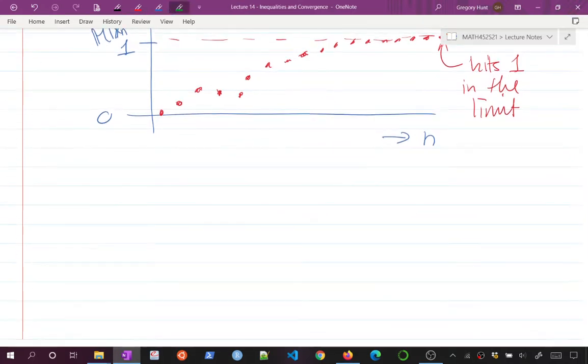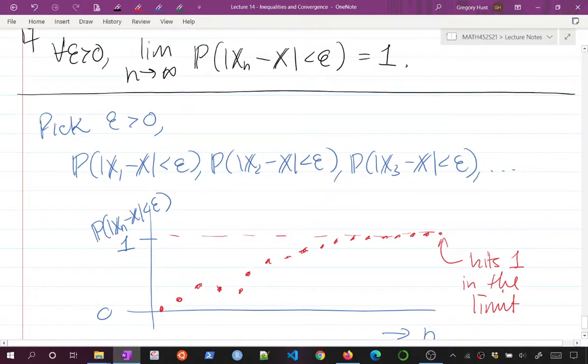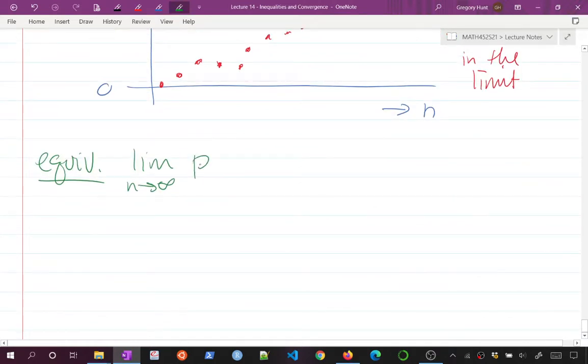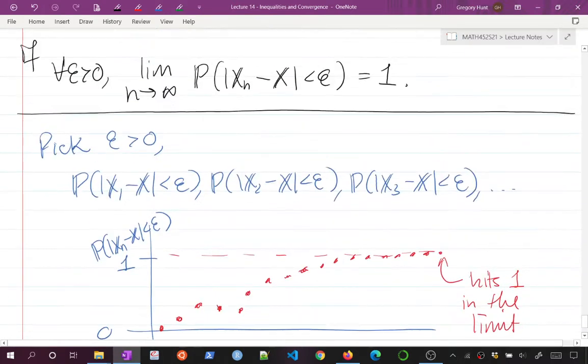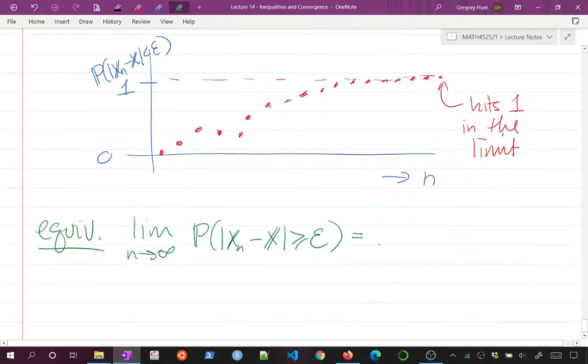An equivalent way of writing this, and I'll stop on this, is that instead of looking at the probability that we're less than epsilon, we could look at the probability that Xn is more than epsilon away from X. If the limit of the probability that Xn is less than epsilon away from X has to be 1, then the limit of the probability that Xn is more than epsilon away from X is going to be 0.